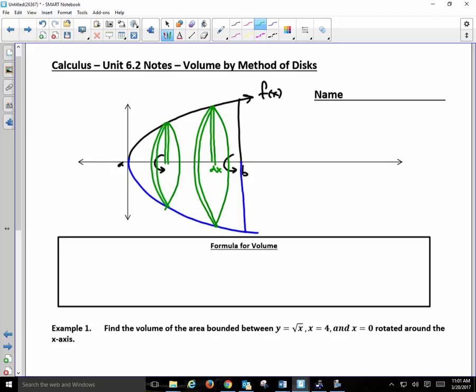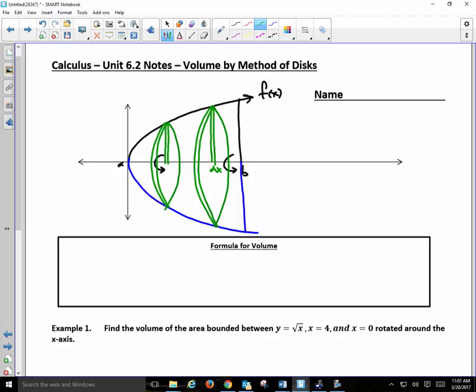Now it kind of looks like a ham, doesn't it? And if you took that ham, you could slice it, and you'd continue to get these slices of ham that make a circle and are real thin, correct?